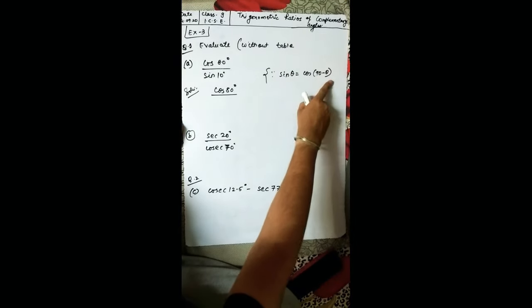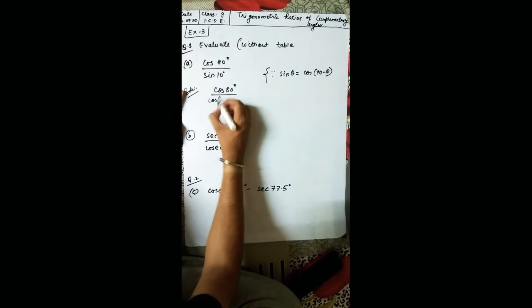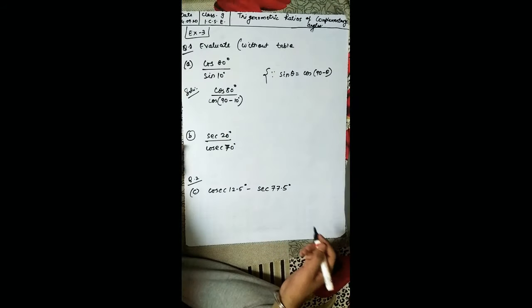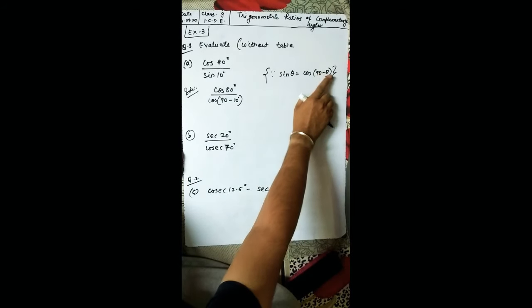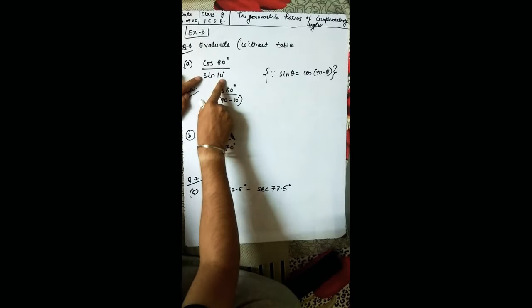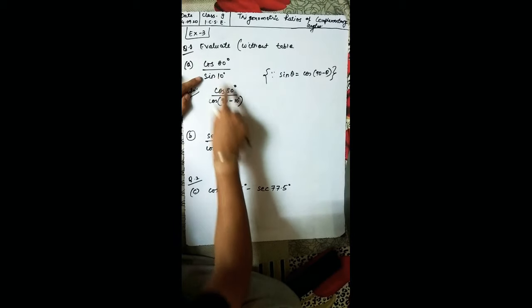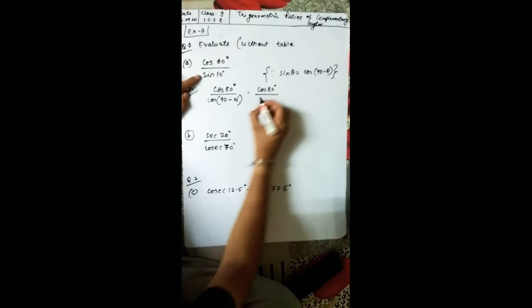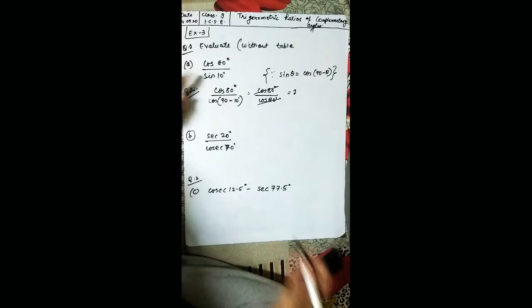So this sin 10 can be written as cos 90 minus 10, because sin theta is equal to cos 90 minus theta. Theta is 10, that is why we have written 10. Cos 80 degree upon cos of 90 minus 10, which is 80 only. Cos 80 upon cos 80, the final answer comes 1. So this is how we will solve.